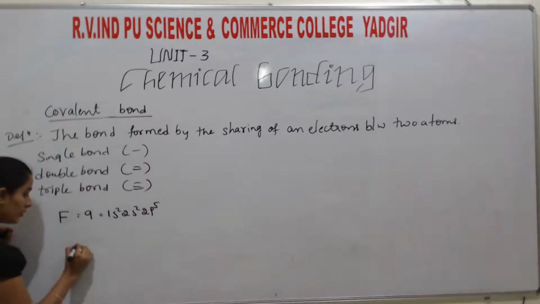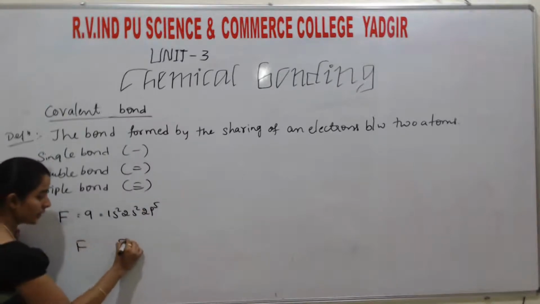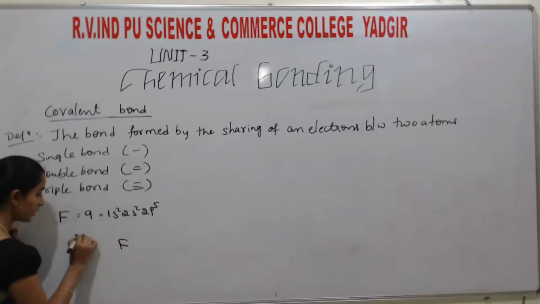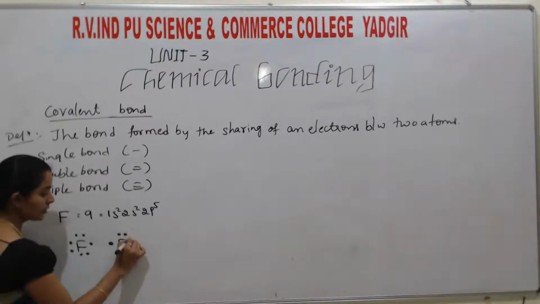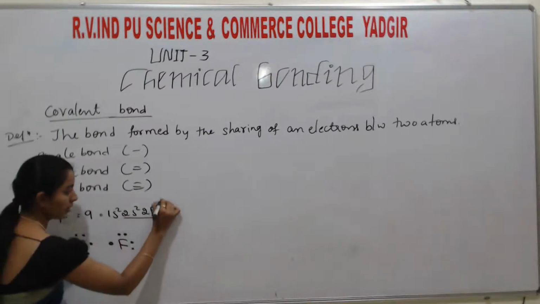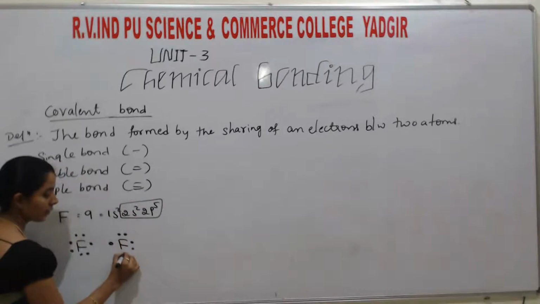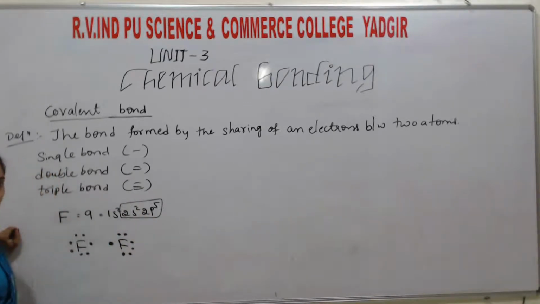Correct? So, take two fluorine atoms here, write the valence electrons here. Each fluorine atom has 5, 6, 7 valence electrons.